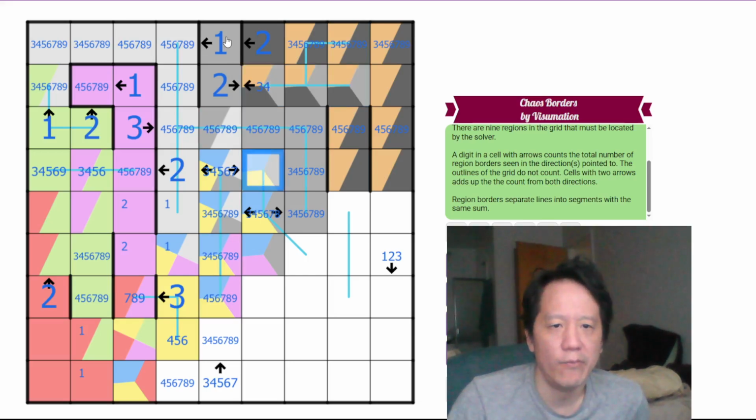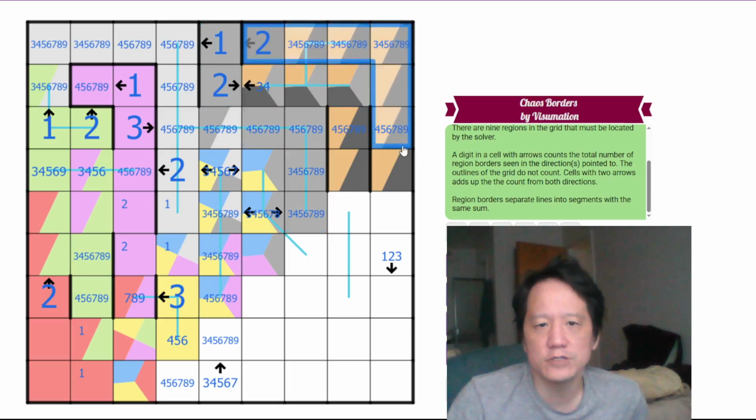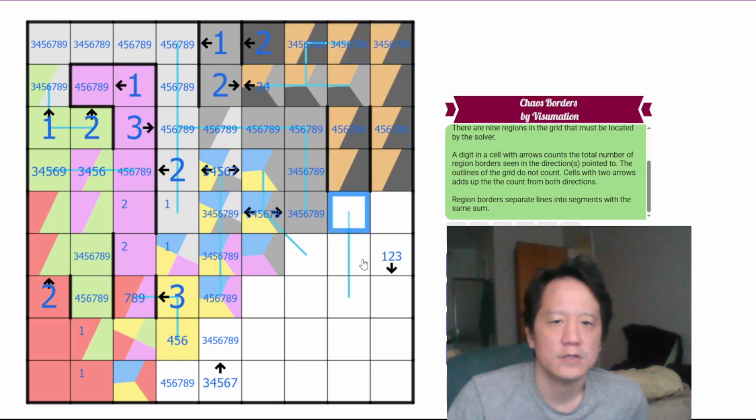Right? 1, 2, 3, 4, 5, 6, 7, 8, 9 is possible. Then dark goes here, and then orange goes here, and that's possible. Or yeah, this is its own separate region.